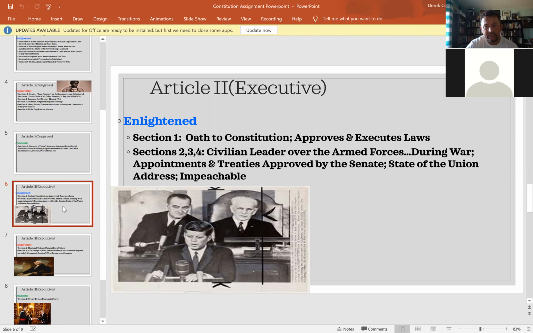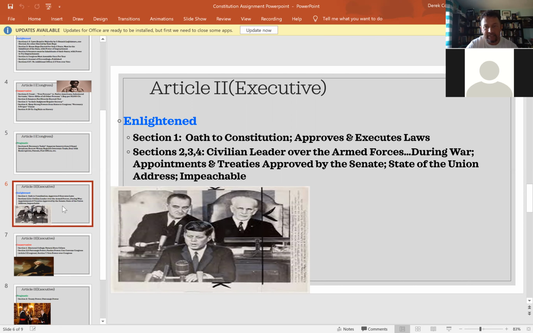He approves and executes the laws and can veto, but his vetoes can be overridden with a supermajority. To me, those are examples of checks and balances. So I would entitle that as enlightened as well. He or she is a civilian leader and has power over the armed forces. And in the spirit of checks and balances, Congress raises the army, Congress declares war, and then the president can execute the war as the commander in chief only after those things are done.